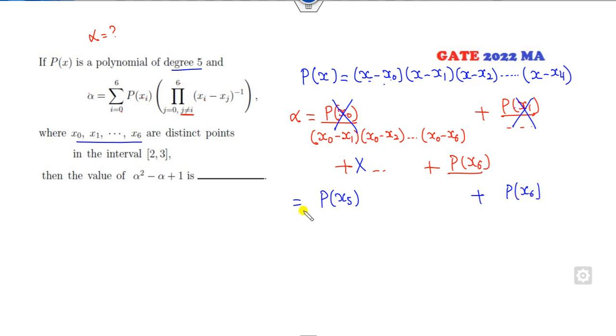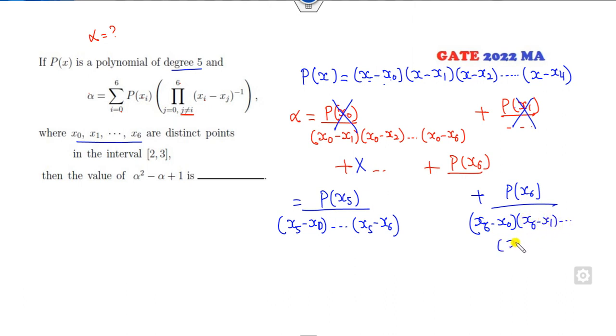Fine. So what is x5? The denominator part will be x5 minus x1 up to x5 minus x6, and here x5 minus x0, because 5 is not there. Then x6 minus x1 up to x6 minus x5. Now if you compare them, if I substitute x5, x5 minus x0 cancels.